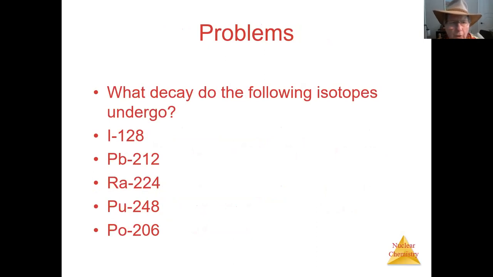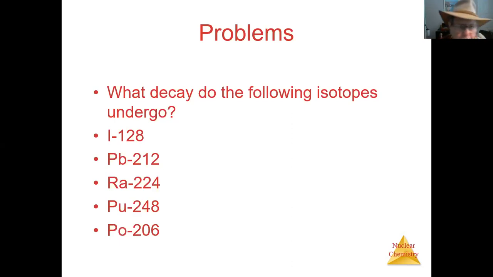Good. Thank you. Radium 224. I'm comparing that to the atomic value of 226. Beta or positron? Positron. It's lower. It's going to be positron.